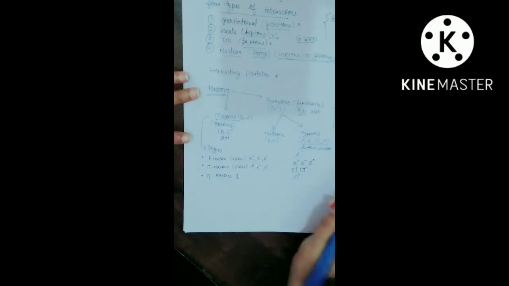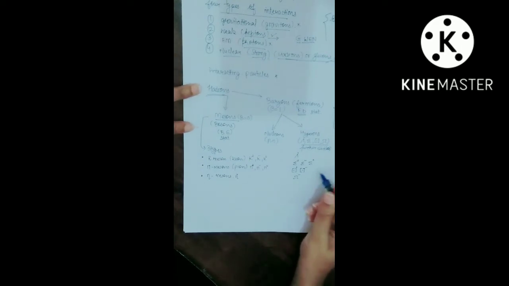Basically, lambda, sigma and xi exist, as I've already mentioned, in singlet, doublet and triplet. And in the diagram that was there in the exam, an inverted triangle, at the top of the inverted triangle there is one type of particle which we are not going to talk about in this lecture, that is delta.